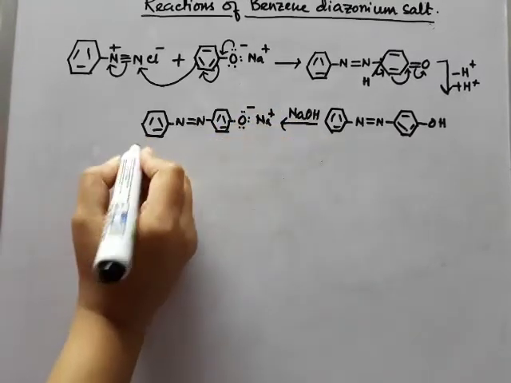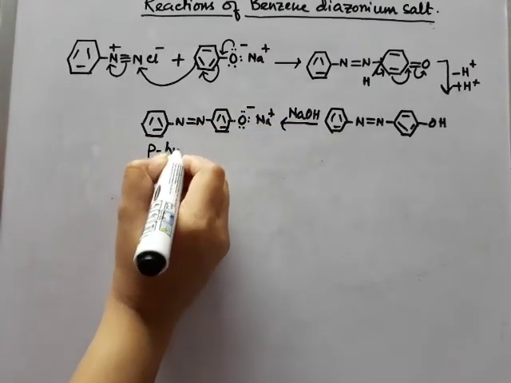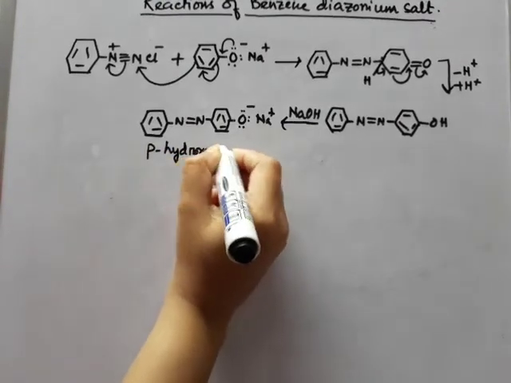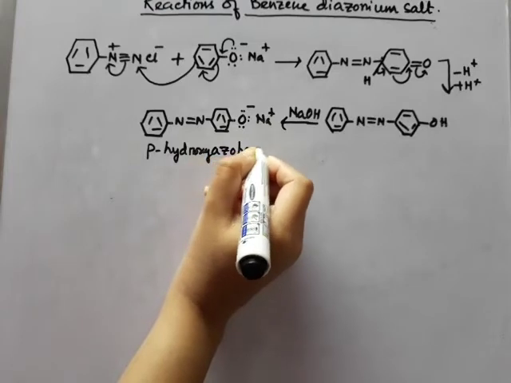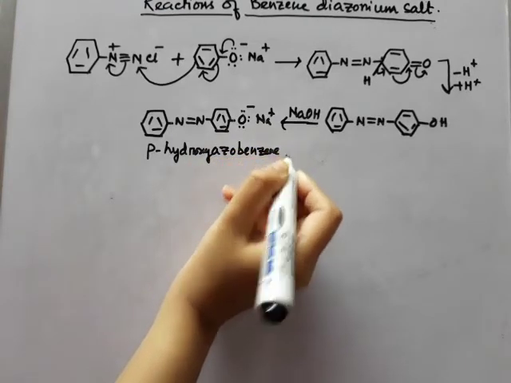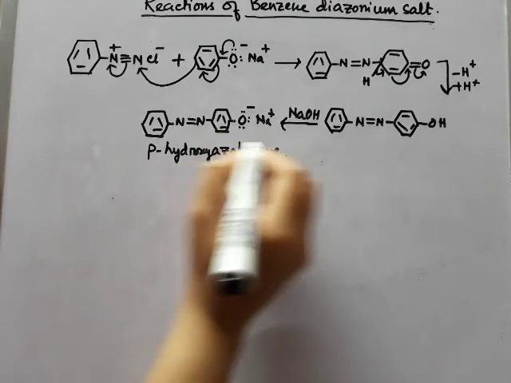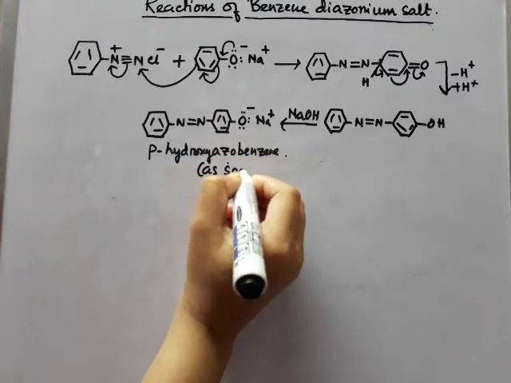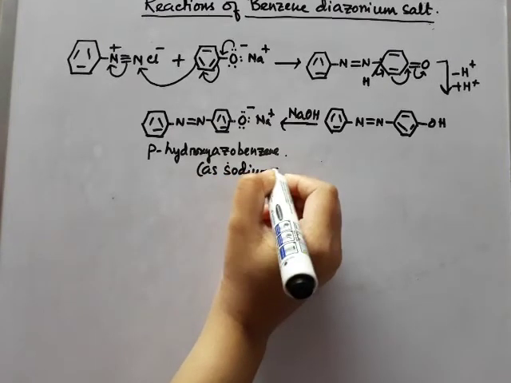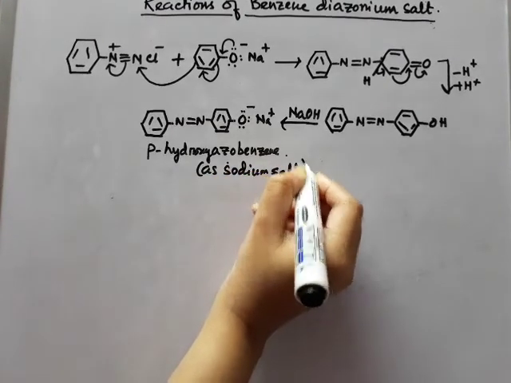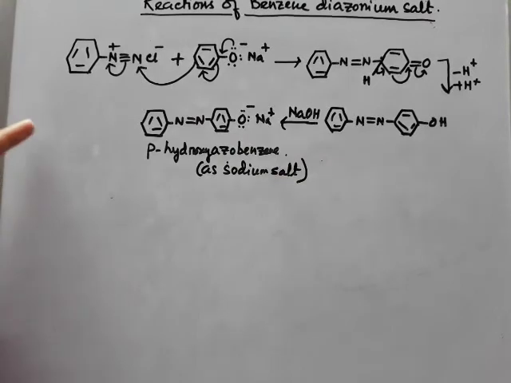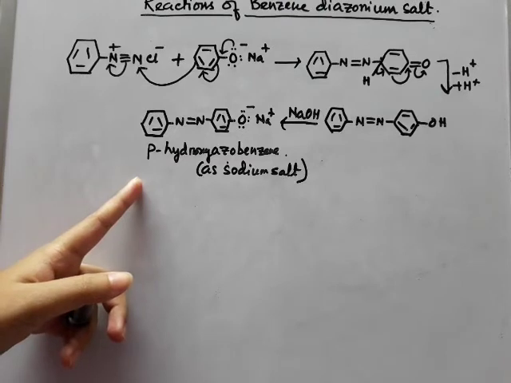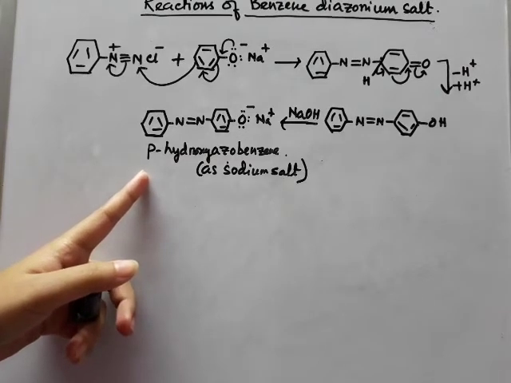That means we are getting para hydroxy azobenzene as salt, sodium salt. So this is the mechanism for the formation of this azo dye. This is brilliant orange in color.